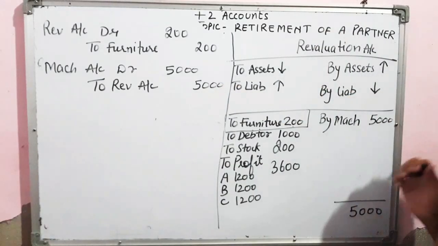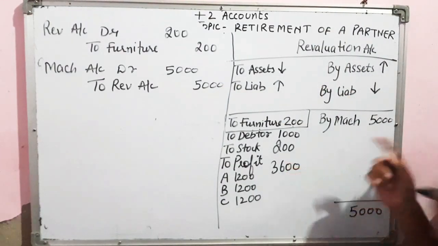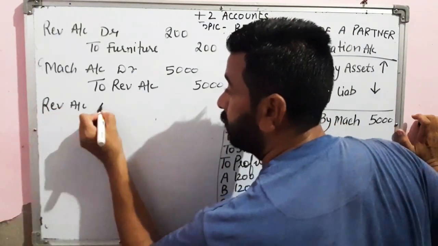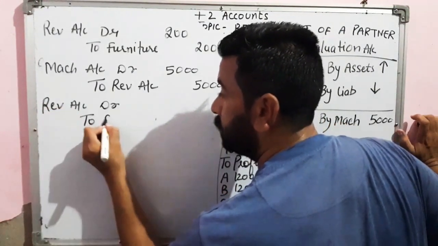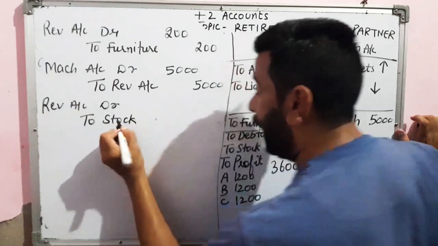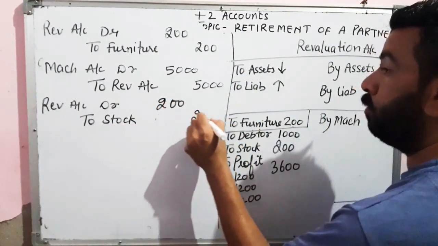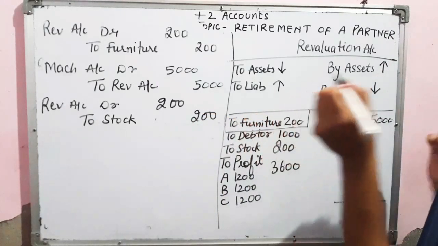If I want to make the entry of stock, revaluation account debit to stock, that is equal to 200. Clear?